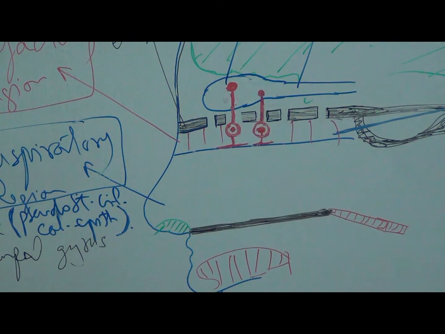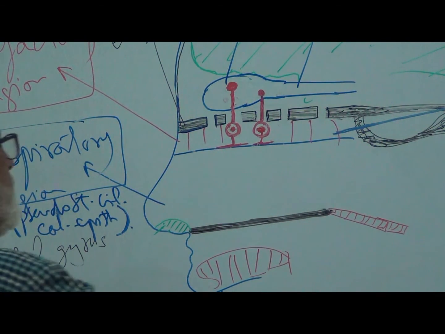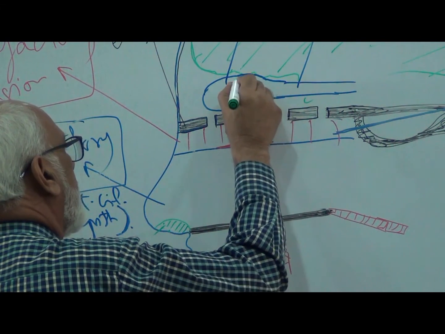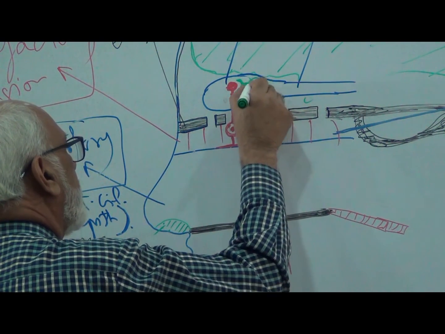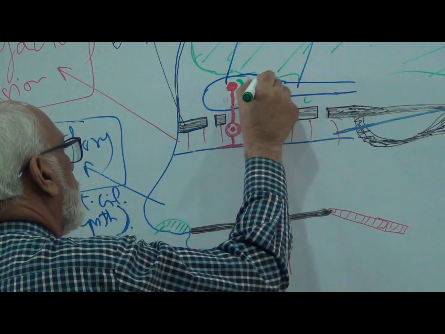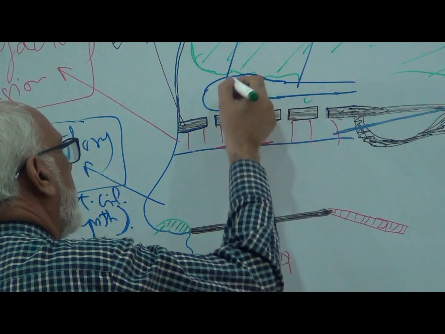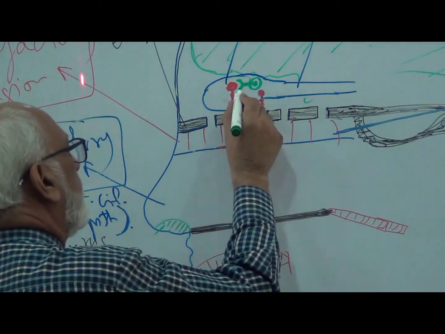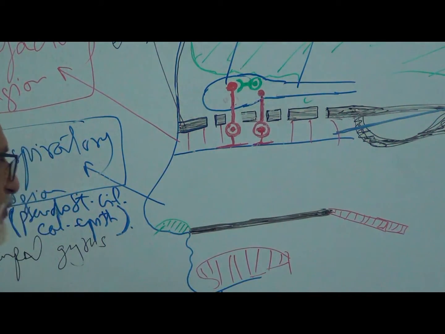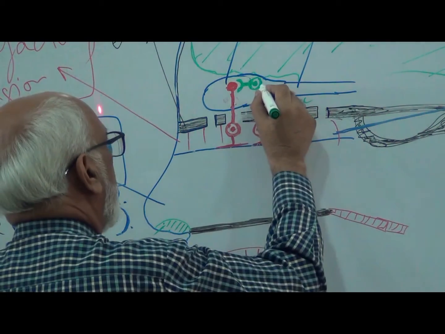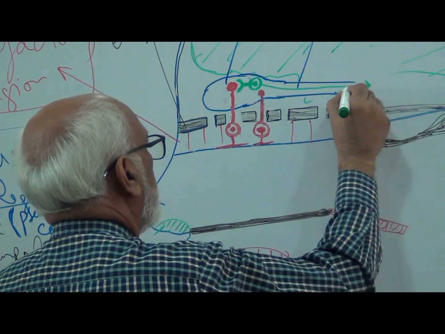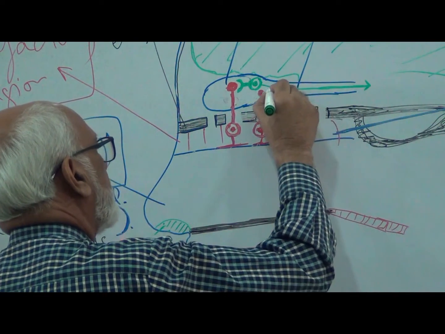Then in the olfactory bulb, there are also neurons. So the olfactory neurons make synapses with the dendrites of the neurons in the olfactory bulb, and from it the axons arise, which are crowded together and run as the olfactory tract.